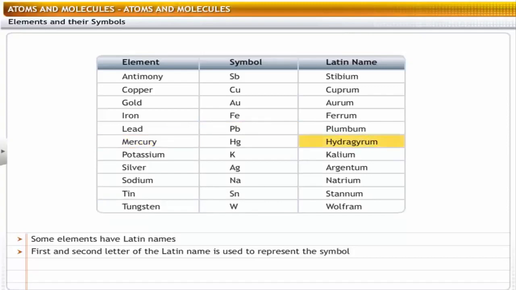Mercury as hydrargyrum, and is represented as Hg. Kalium is the Latin name of potassium, and its symbol is K. Silver as argentum, and it is represented as Ag.